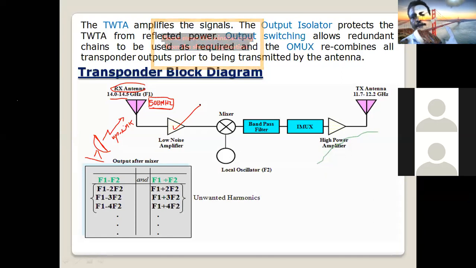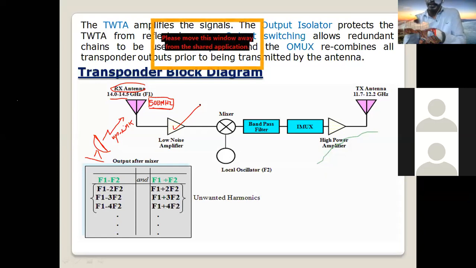Okay, I think now it's visible. So here we have our horn antenna. This is the waveguide, and this rectangular part you see is the low noise amplifier, LNA. I have a low noise amplifier device here.